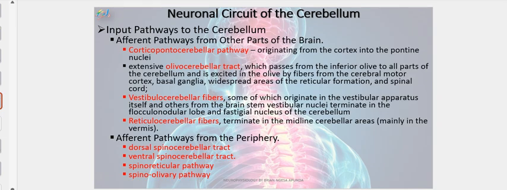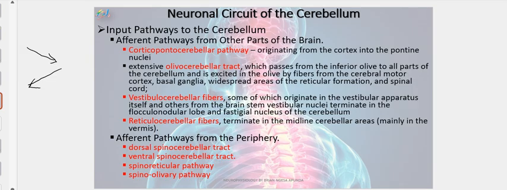So the cerebellum, as we've suggested, normally receives signals that get into it, and it also sprouts out signals to modulate various parts of the brain. So those that enter the cerebellum are normally regarded as the afferent, and those that exit are normally regarded as the efferent.